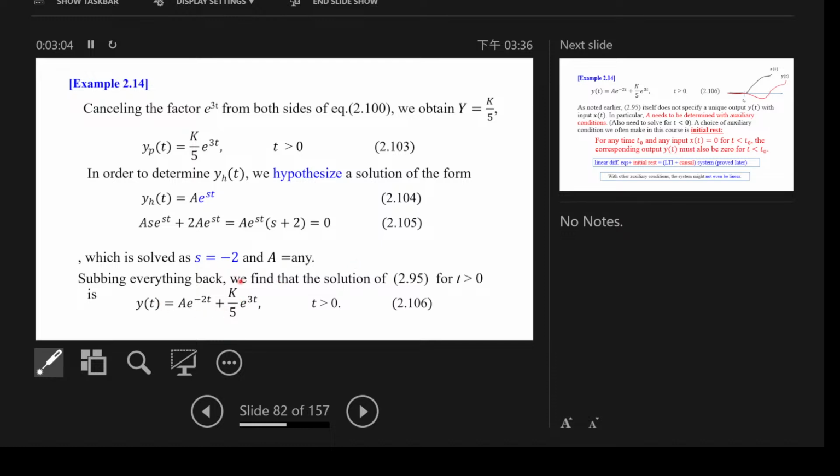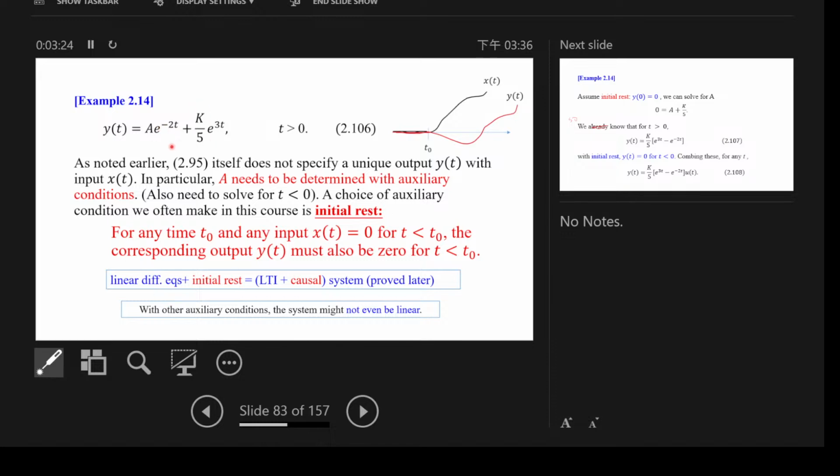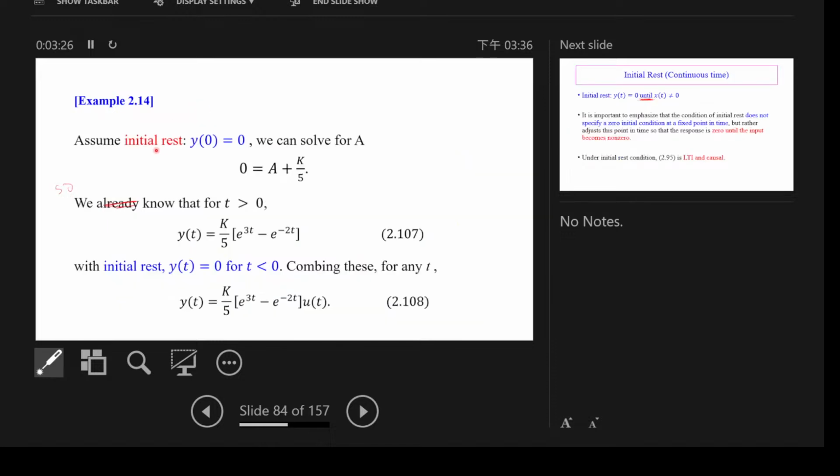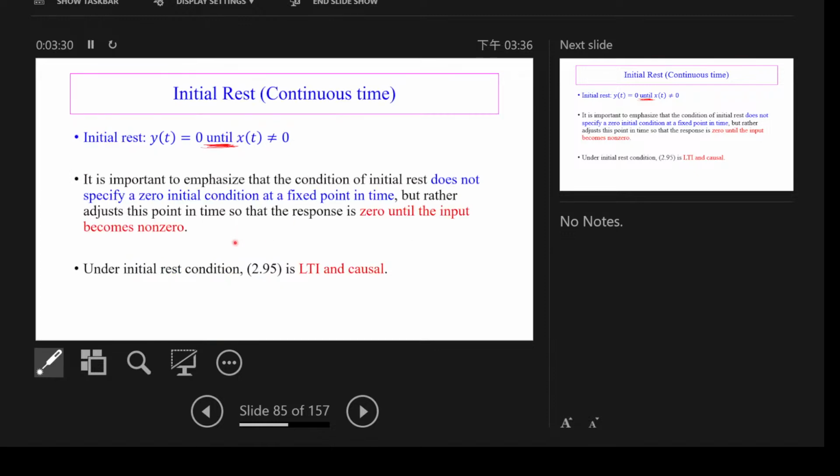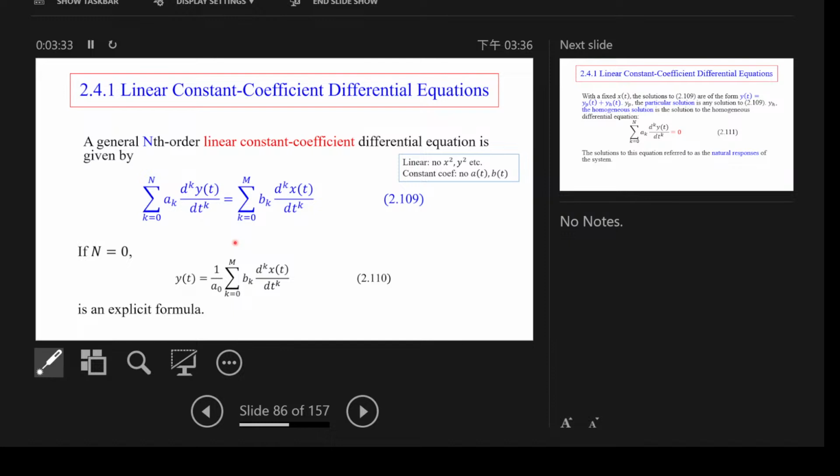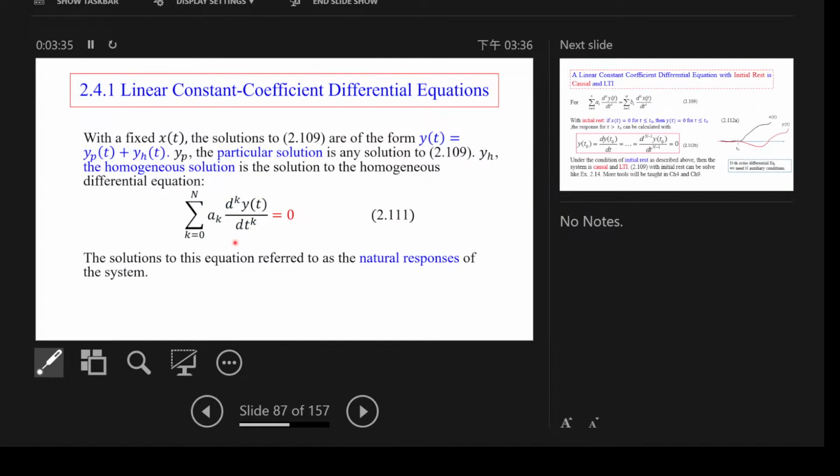The solution is in the form a e^(-2t) plus k/5 e^(3t), where a e^(-2t) is the homogeneous solution, and you can have any multiple of a here. With the initial rest condition, you determine a, and a is k/5. So that's the linear constant coefficient differential equation.